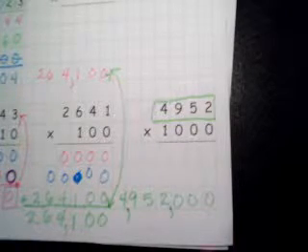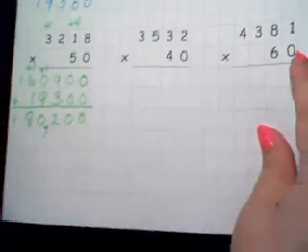Okay, so the other thing that we covered today was place value. Essentially, the thing that most students struggle with in place value is when you have numbers that have zeros in them, okay?